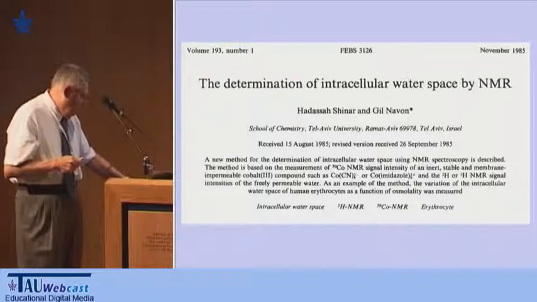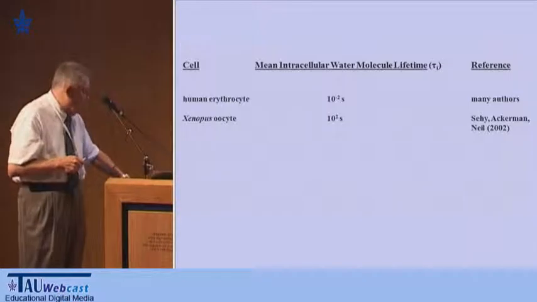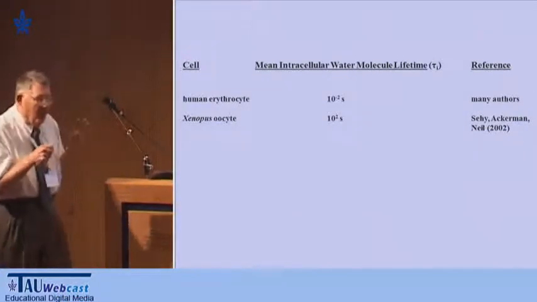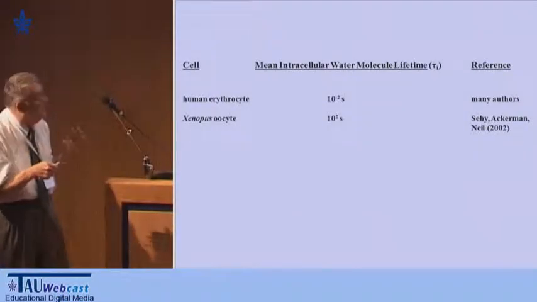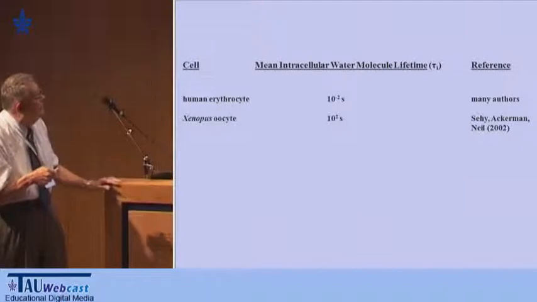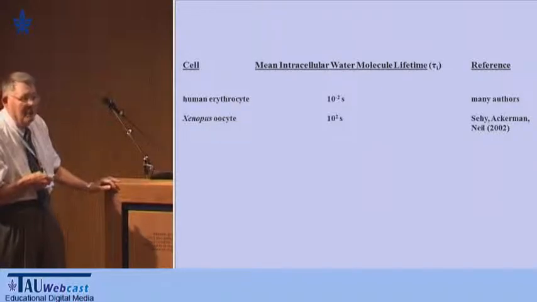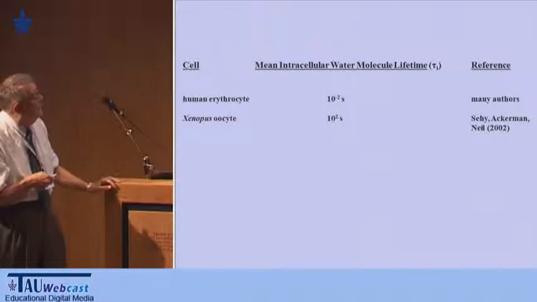And the general result of these studies shows that if we characterize equilibrium water exchange by the mean lifetime of water molecules inside the cell, tau I, they cover a huge dynamic range. For human erythrocytes, almost everybody gets a value of about 10 milliseconds for the average lifetime of water inside the cell.